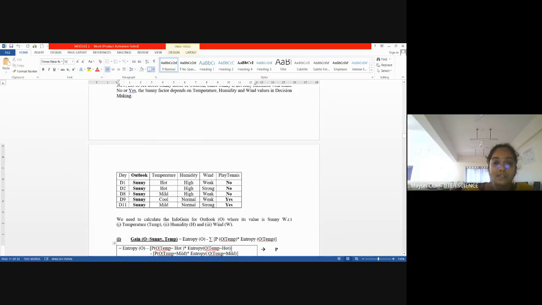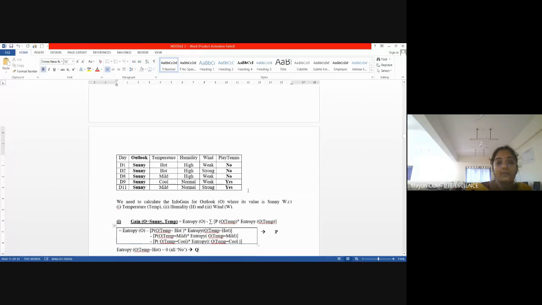I have taken only the sunny values of outlook. Have you got the reason why I am taking outlook that is sunny? Because from the tree only, because outlook got the highest info gain. In that, overcast is fully classified with yes, I don't have any problem. The remaining two values of outlook are sunny and rainy. So with respect to sunny, I have to check with the remaining attributes how far it is dependent on these attributes in making the decision called play tennis.